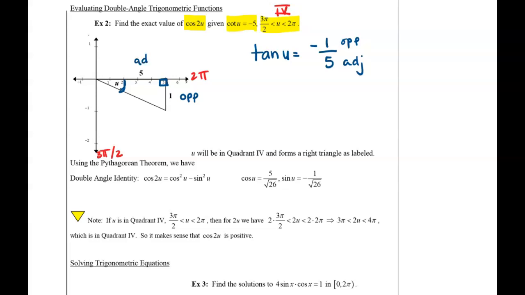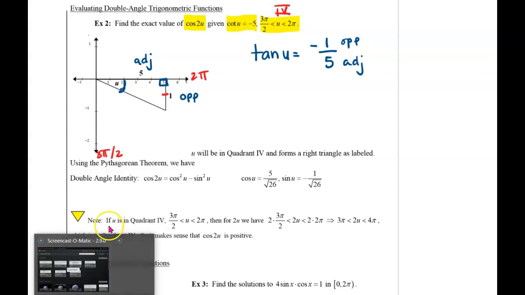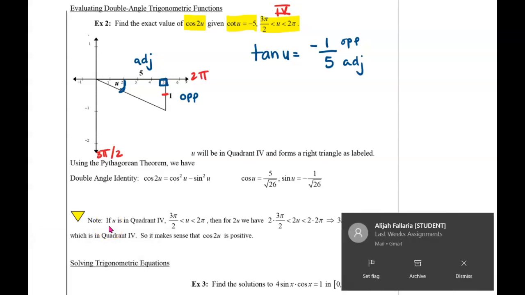Here's your adjacent. Now, because we went down, we're going to go ahead and put a negative in front of the 1.